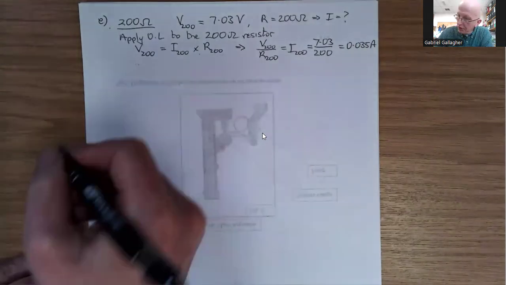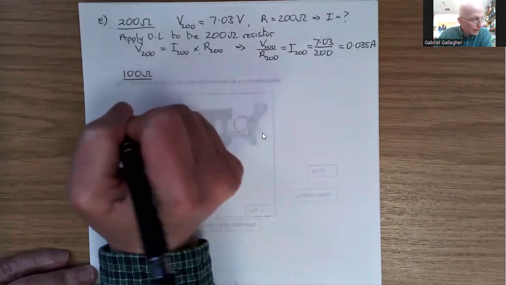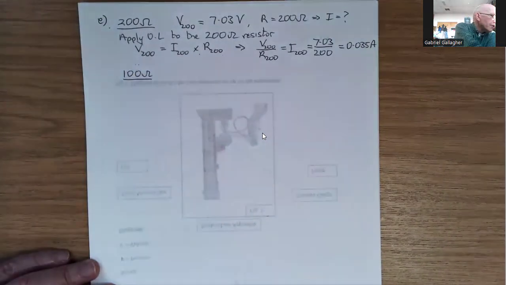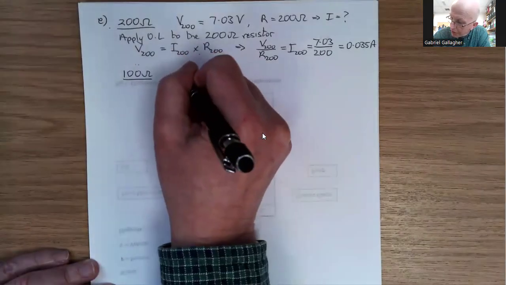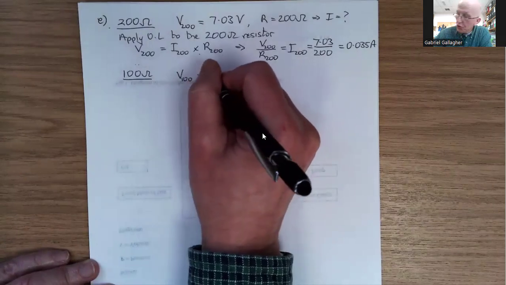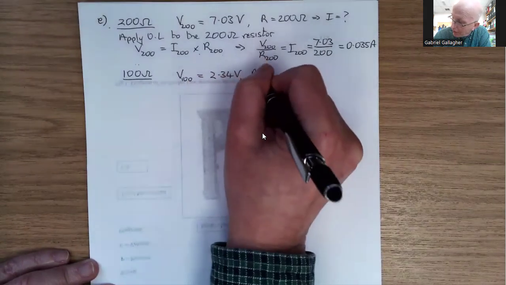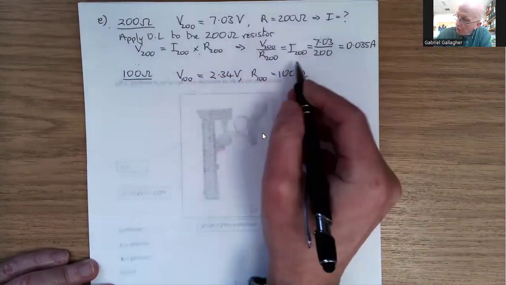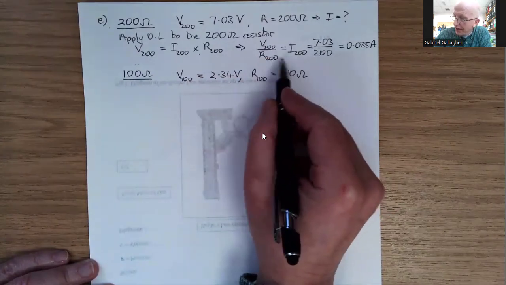Now for the second one, it's the 100 ohm resistor. Again, if I look through my previous answers, the potential difference across the 100 ohm resistor, V100 equals 2.34 volts. And R100 equals 100. Now, we're just working out I here.